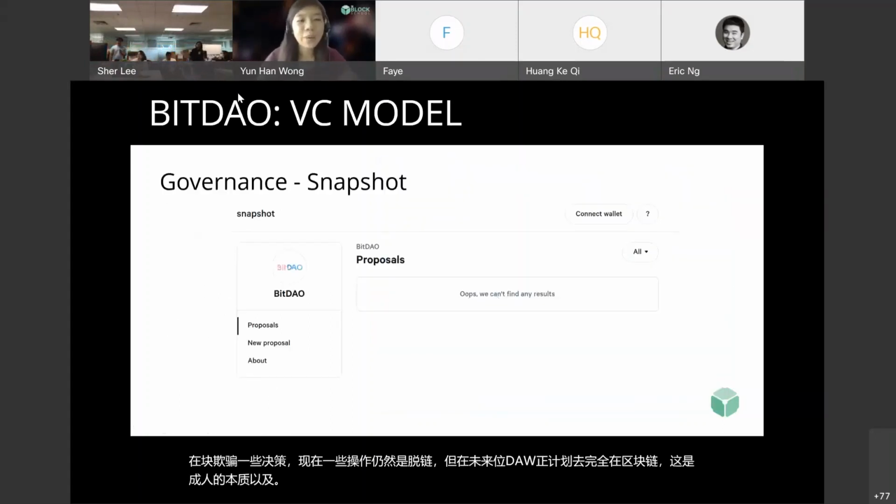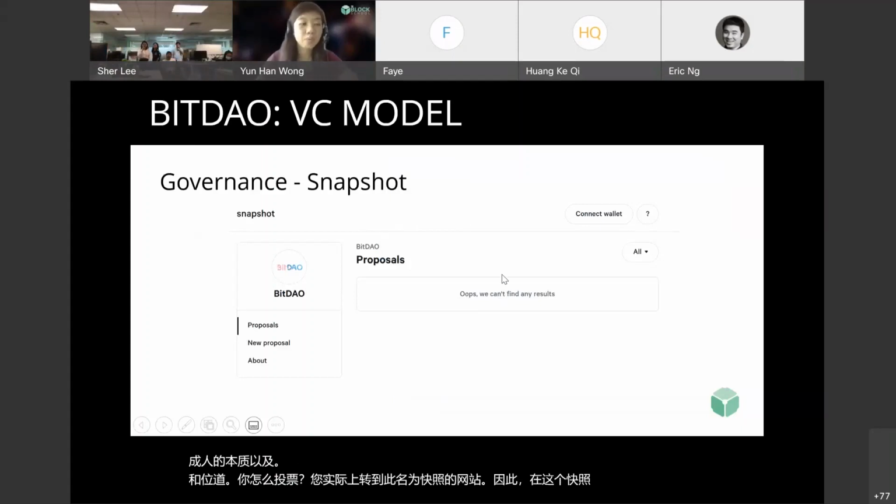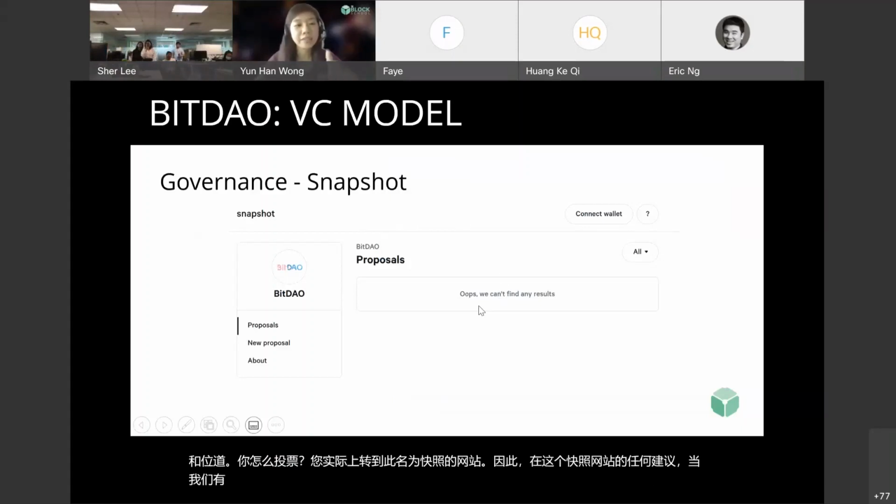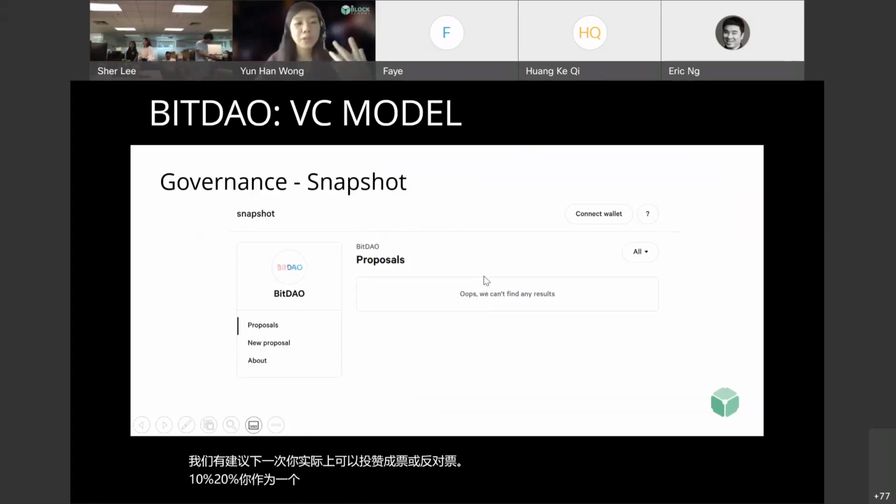And with BitDAO, how do you vote? You actually go to this website called Snapshot. Within this Snapshot website, for any proposal, when we have a proposal next time, you can vote yes or no, 10%, 20%. You as a token holder are able to vote for proposals on BitDAO.